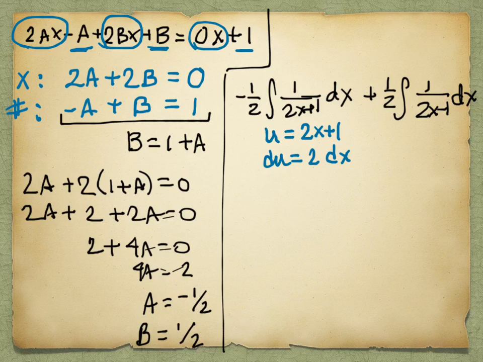So right now I can replace the integral with 1 over u, almost. What do I have to do to compensate since I had a derivative of u like that? I need to divide by another 2.